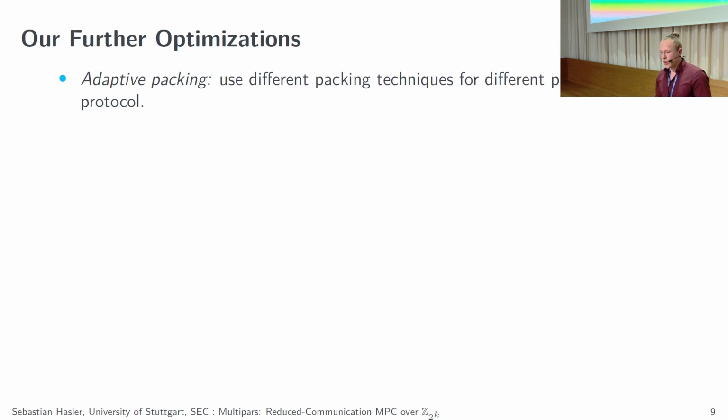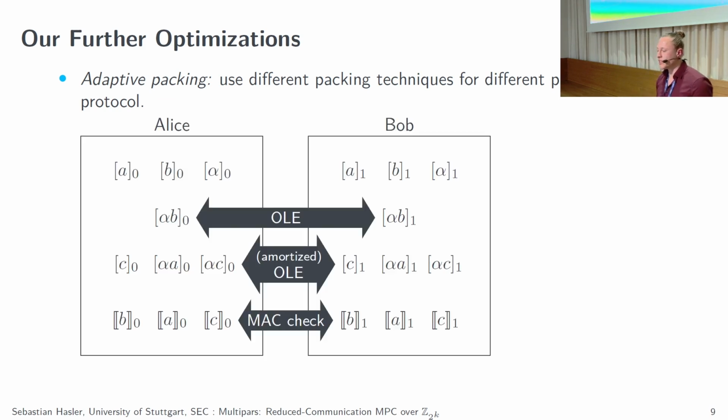We also made some further optimizations to bring down the communication complexity of our protocol, namely adaptive packing, which means we use different packing techniques for different parts of the protocol. This has to do with single instruction, multiple data. In BGV, you typically encode multiple plaintexts in a single ciphertext, and there are multiple packing methods that can be used to do that.